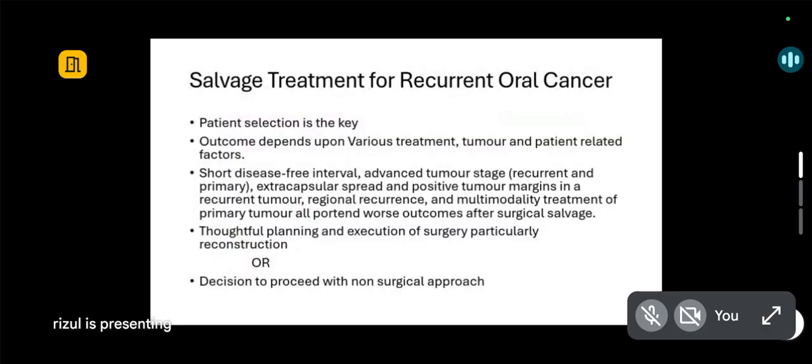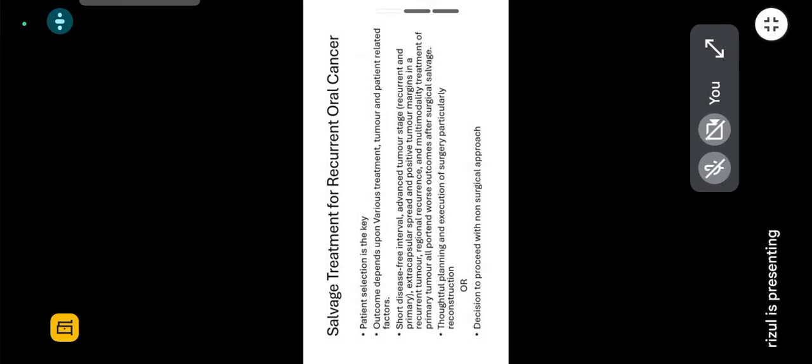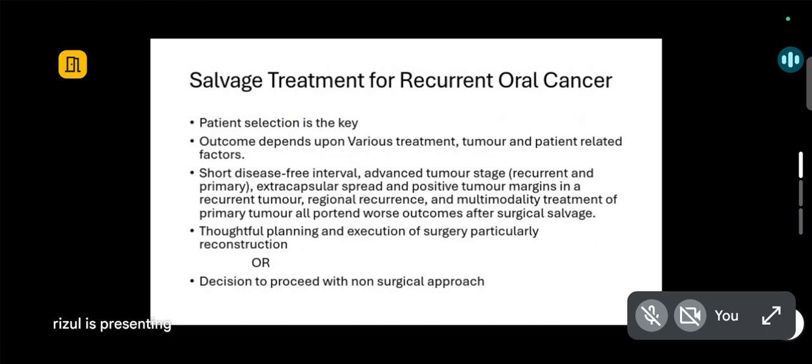Then what if the patient comes with recurrent oral cancers? There are some salvage treatments that we can go with. But the most important thing is first to decide patient selection, which is a key factor in deciding the outcome.